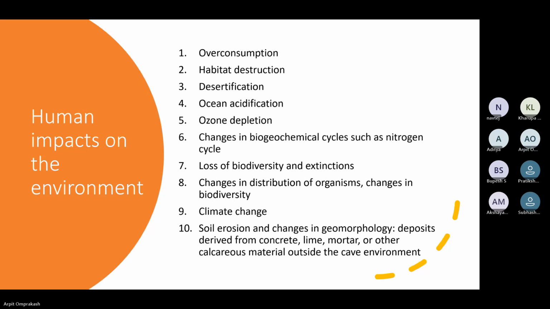And then other changes such as soil erosion and changes in geomorphology. So basically, what happens in a cave? Let's say you have a cave like this. This cave might have calcareous materials such as limestone or other ores and minerals that are rich in calcium.